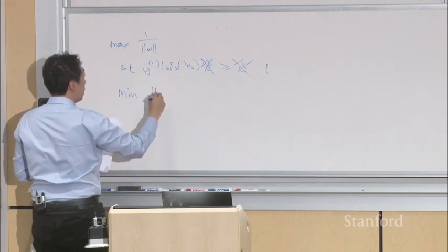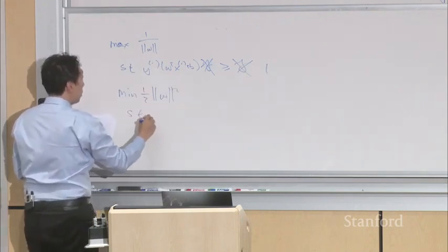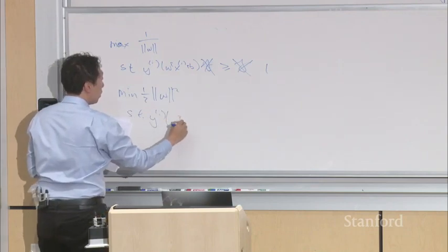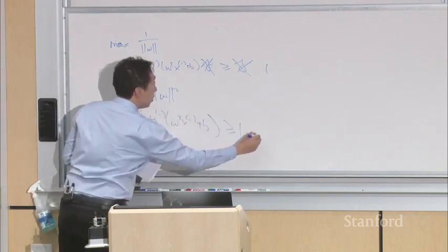Instead of maximizing 1 over norm of w, you can minimize 1/2 the norm of w squared subject to this. Right?